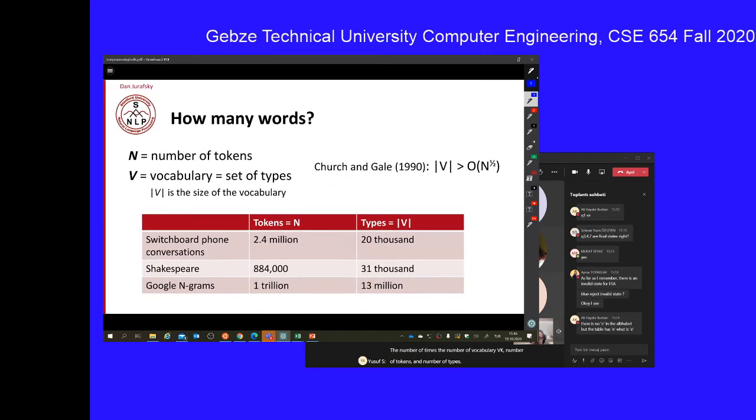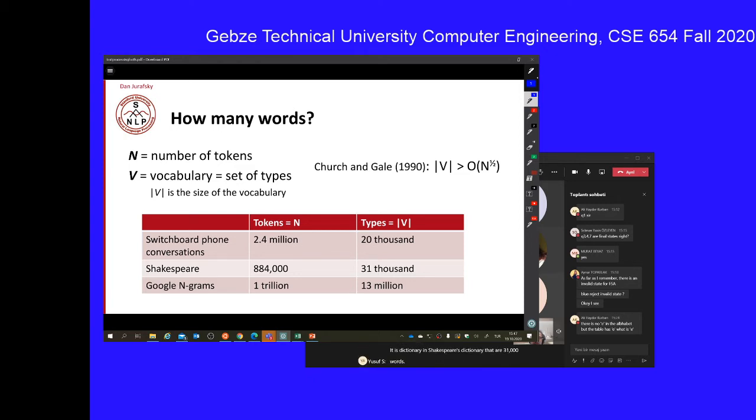For the Shakespeare dataset, all the works written by Shakespeare, if you put that in a text file, there are a total of 884,000 tokens. But Shakespeare totally used 31,000 types. In Shakespeare's dictionary, there are 31,000 words.